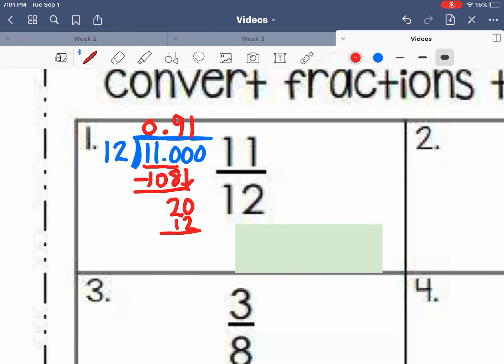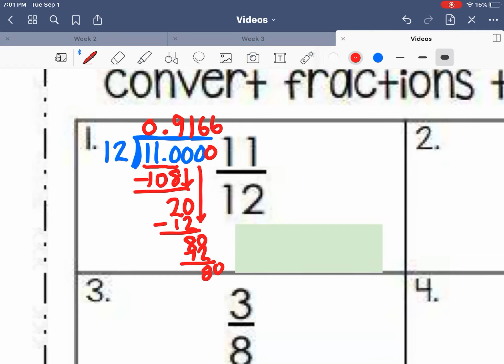And then I subtract again and have 8 left over. Then I bring down that 0. 12 will go into 80 6 times, because 6 times 12 is 72. And I'm going to keep getting 8 after that. Every time I subtract, on the top, I'm going to get another 6.